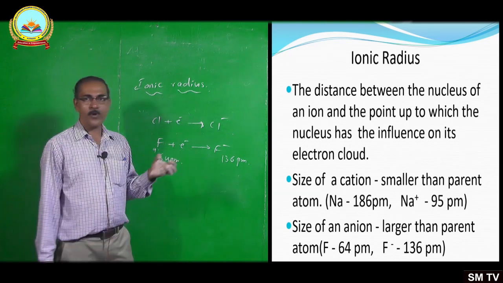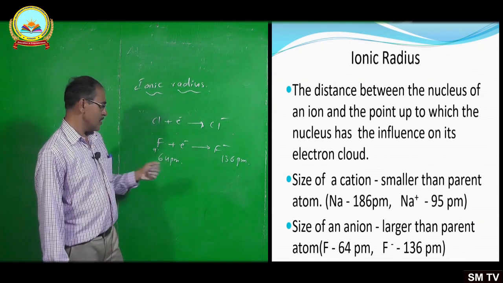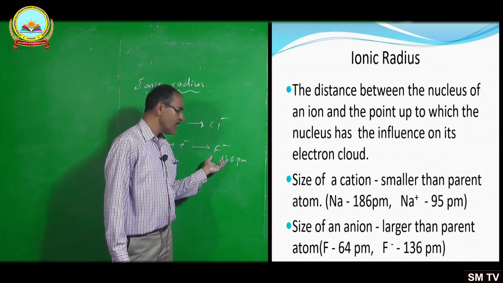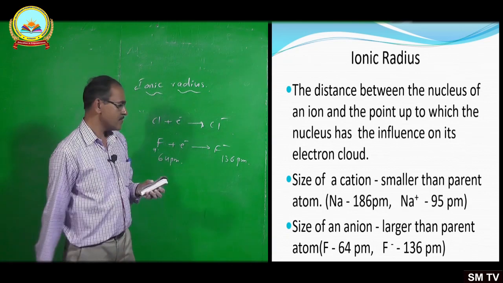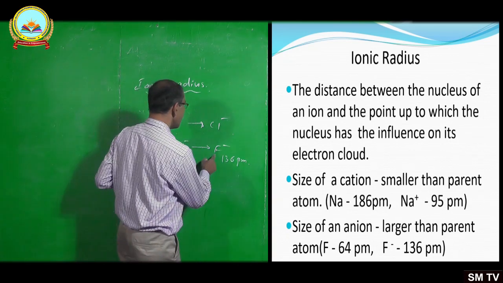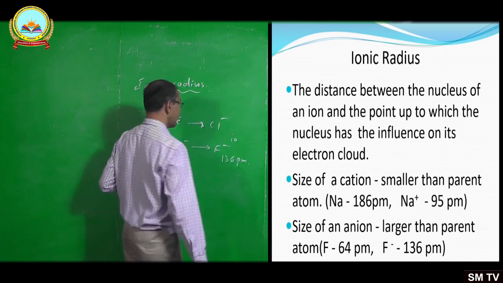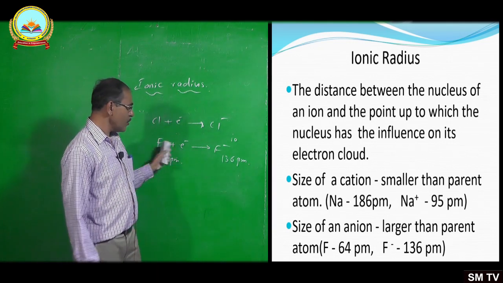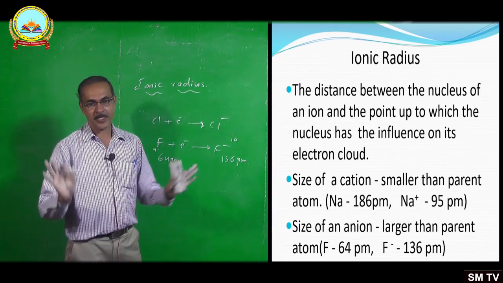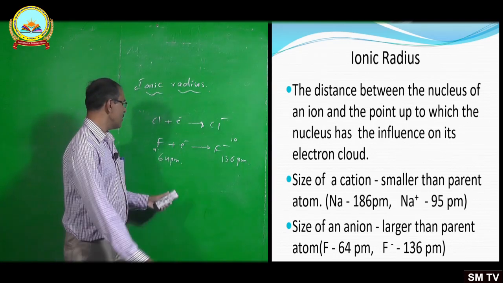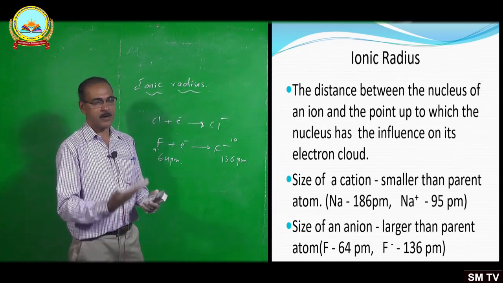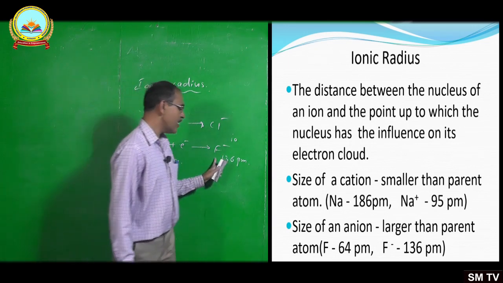Totally 9 protons attract 9 electrons. In this case, an electron is added, thereby the number of electrons is 10. The number of protons in the nucleus remains the same. Now, you tell me what can be the ionic radius.